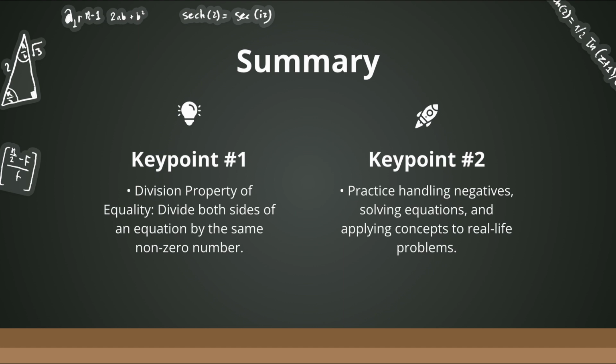We practiced handling negative signs and solving one-step equations. Remember 7x equals 49? That's called a one-step equation. We even applied these skills to word problems, so that when it comes to real life, you can handle it efficiently.